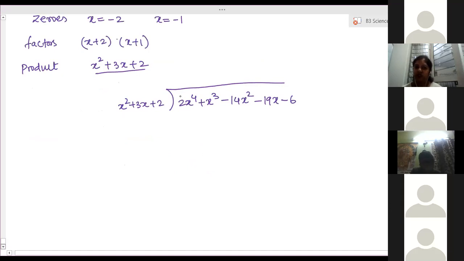Okay. So the first quotient is 2x squared. 2x squared into x squared will be 2x to the power 4. 2x squared into 3x is 6x cubed. And 2x squared into 2 is plus 4x squared. Minus, so the sign of the second will change. This gets cancelled. Plus 1 minus 6 is, what's the answer? Minus 5x cubed.